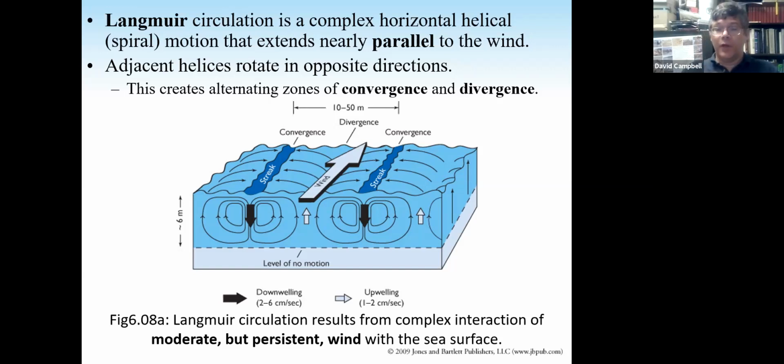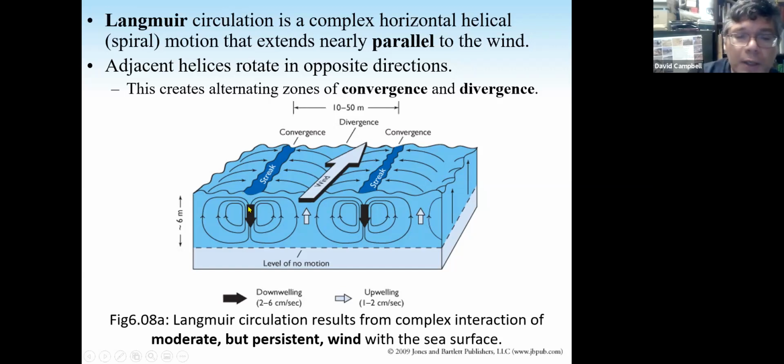Okay, if we have a spot where the water is going up on both sides of the spiral, then that tends to push water away from there at the surface, and floating stuff will move away from that spot. If we've got a spot where the two spirals are coming towards each other, that pushes floating stuff into the middle there. The water sinks. Floating stuff doesn't sink.